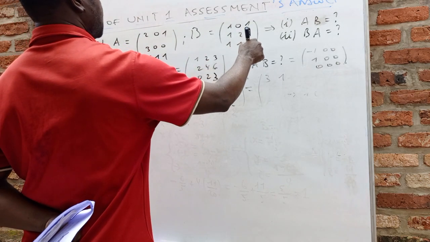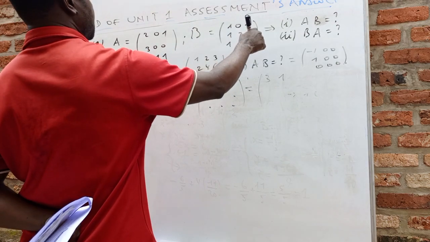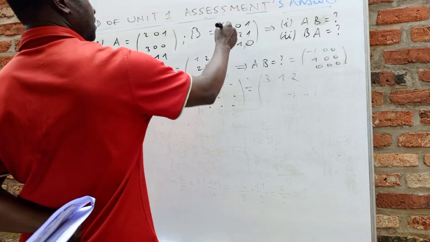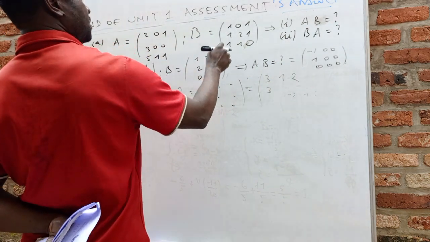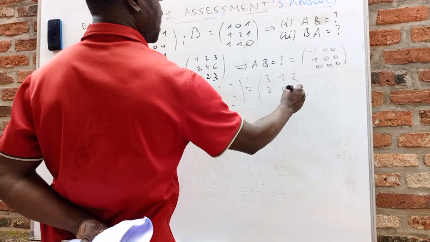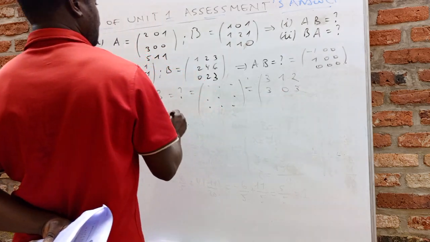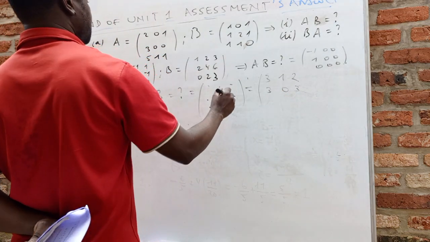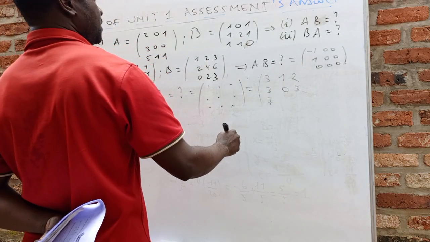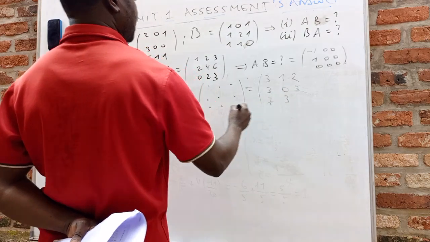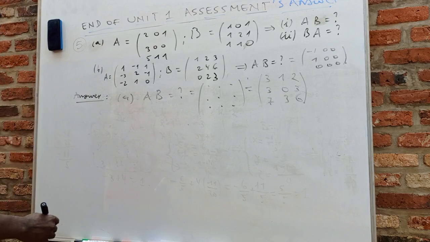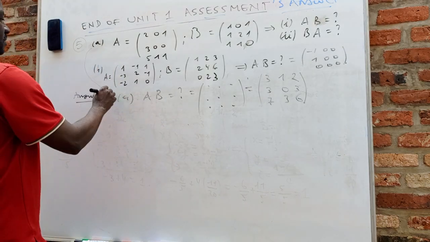This row times this column is going to be equal to 2. This product is 0. This one is 3. Now, this matrix and this matrix is 7. This row and this column is equal to 3. And this one is going to be equal to 6. Okay. So that is A times B for this matrix.